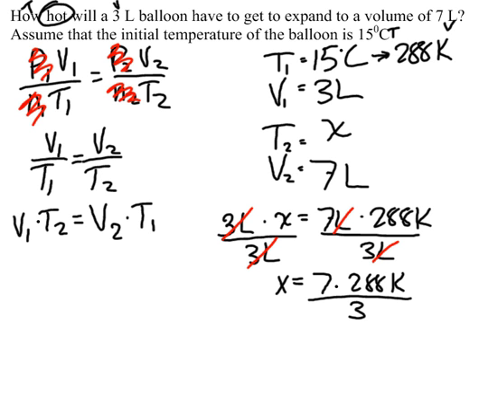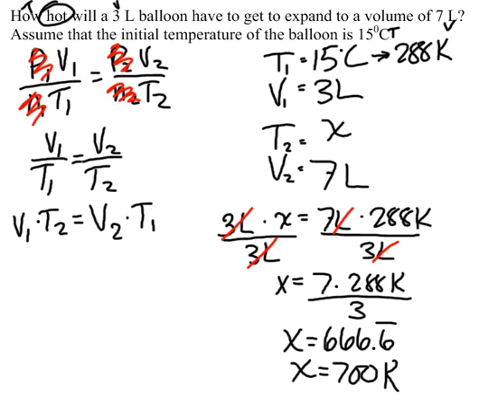Then 2,000 divided by 3 is a very unhappy number for very religious folk: 666.6666. However, we're only going to have one sig fig, so I would just round that to 700 Kelvin.